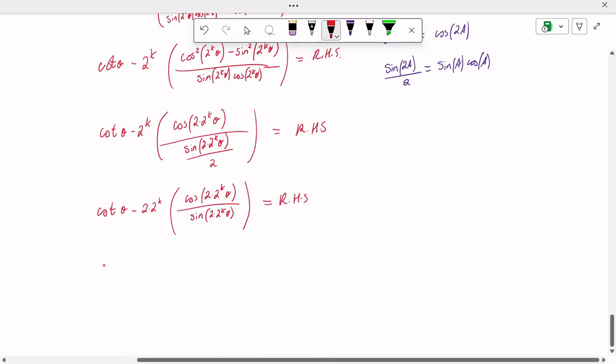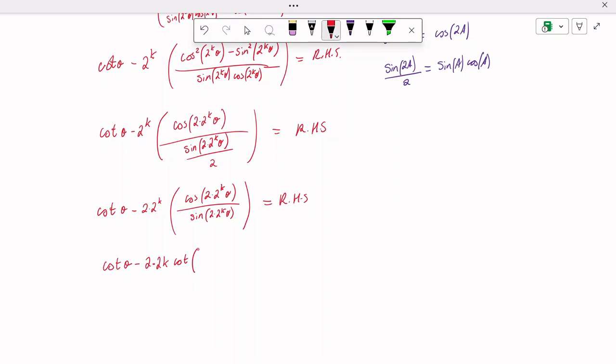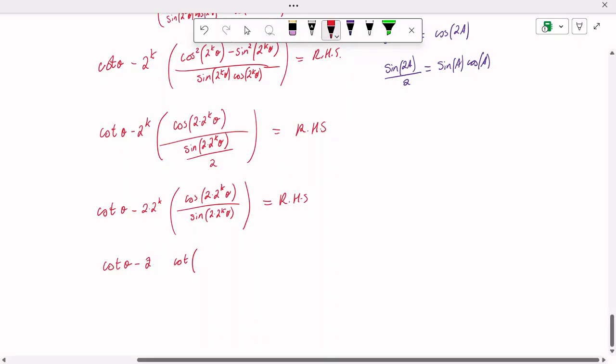Cos on sine I can express as cot, and 2 times 2 to the k would be, so I can probably do that here. Actually I can go, oh yeah, I'll leave it like that.